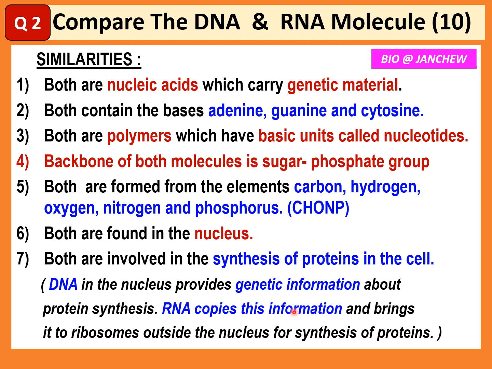That means it copies one gene with the information for production of one protein, and then it brings it out to the ribosomes, from the nucleus to the ribosomes, which are in the cytoplasm. And the ribosome will carry out the synthesis of proteins by using this genetic code. So both DNA and RNA work together to help synthesize the proteins.